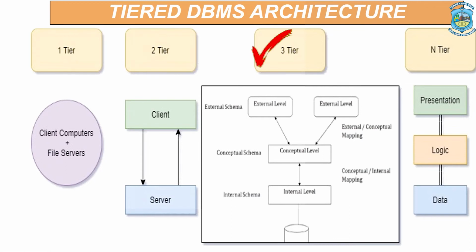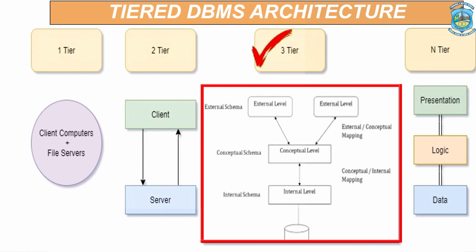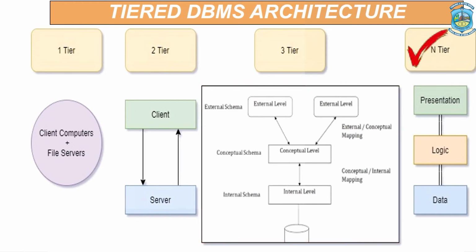Now we have the three-tier architecture, which is followed by modern day DBMS systems. It divides the whole system into three levels. First is the external schema or the external level. Then we have the conceptual schema or the logical level, and the internal or the physical level. We have already seen this model in the previous modules. And then we have n-tier.